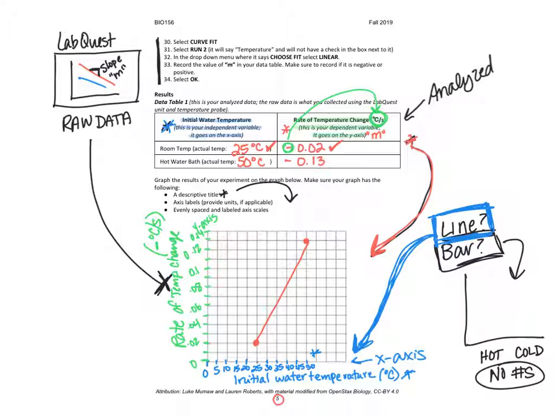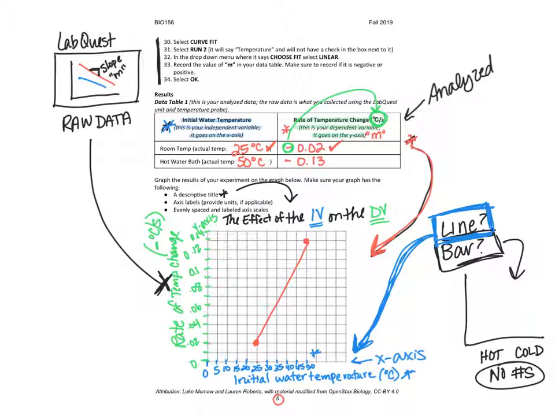One easy way of writing a title that is descriptive is to follow the formula of writing the effect of the independent variable on the dependent variable.